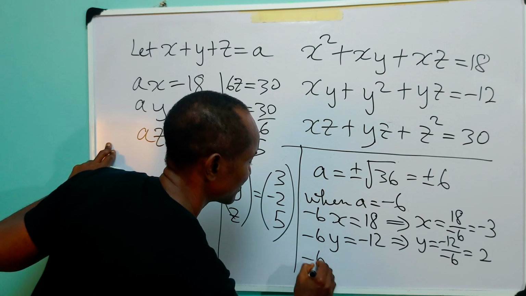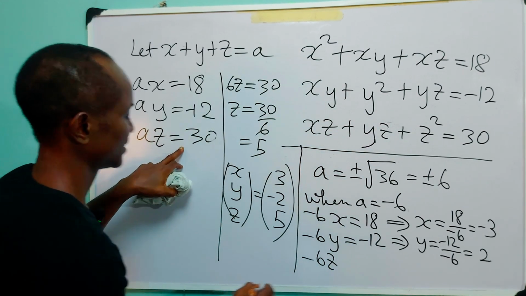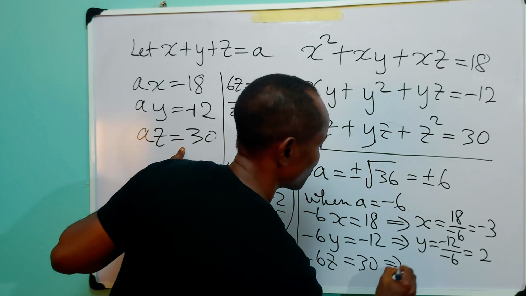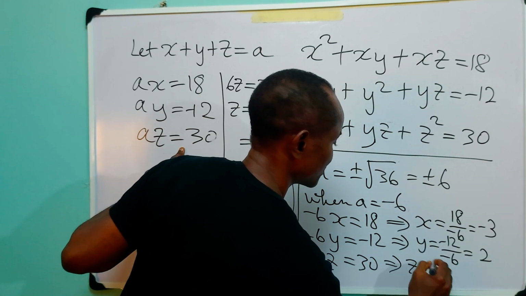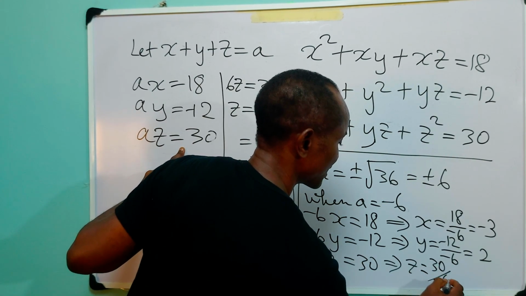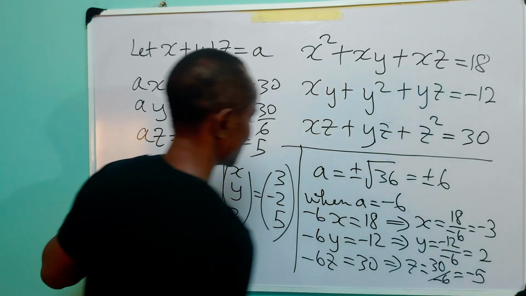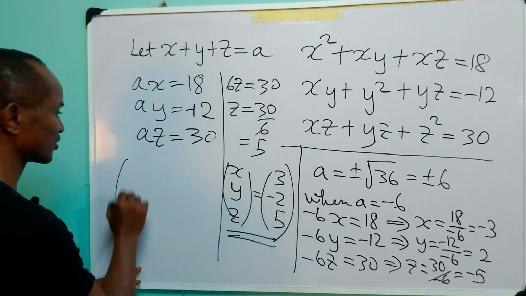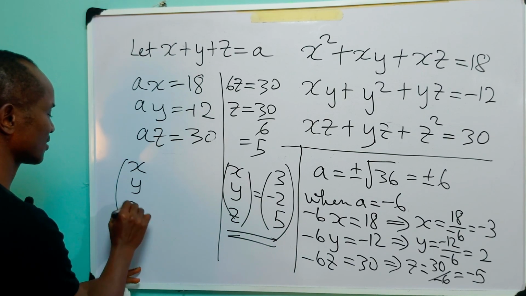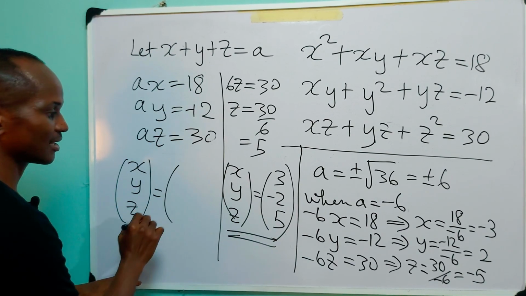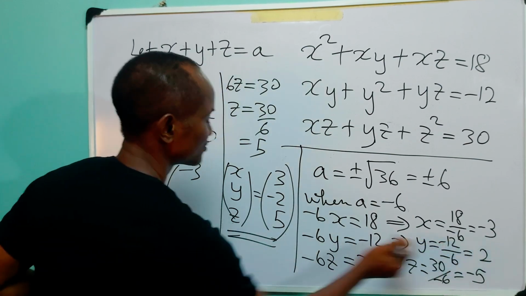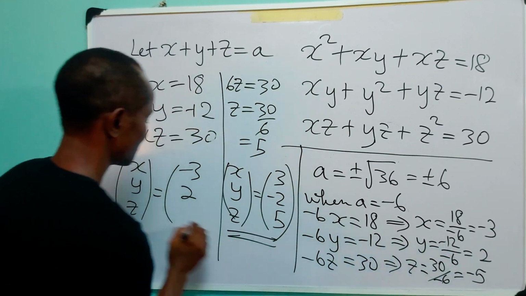And we have that minus 6z is equal to 30, from where z is equal to 30 divided by minus 6, and that is minus 5. So this is the second solution set for x, y, and z: minus 3, 2, and minus 5.